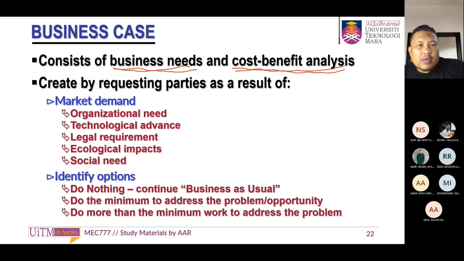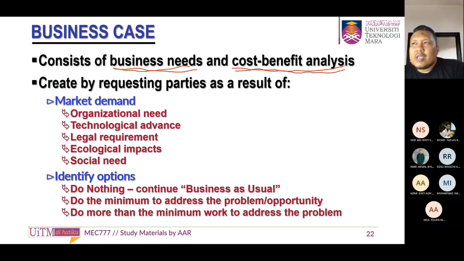All right, so now, created by the requesting parties as a result of market demand. So what is market demand? Organization need, technological advancements, legal requirement, ecological impacts, and social needs. Those spark under the market demand.